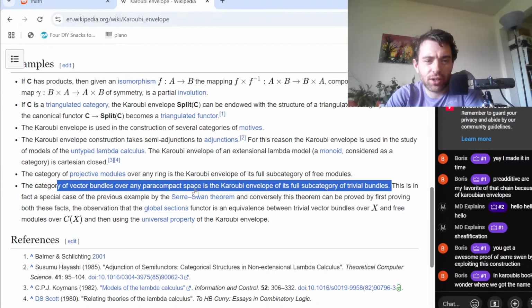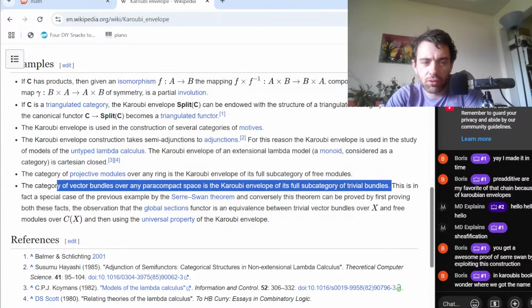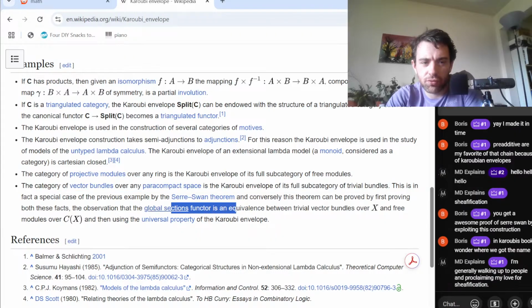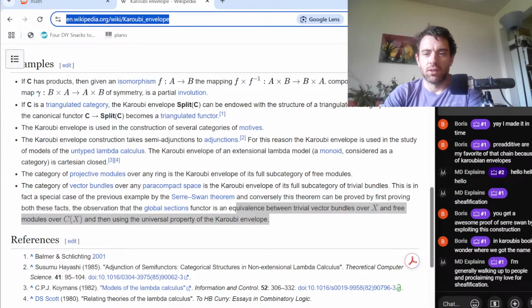And this is in fact a special case of the Serre-Swan theorem. Oh yeah. And conversely, the theorem can be proved by proving both of these facts. Right, global sections is an equivalence between trivial vector bundles and free modules, and then using the universal property of the envelope. Wow, I gotta find that. Good, MD explains, as you should.